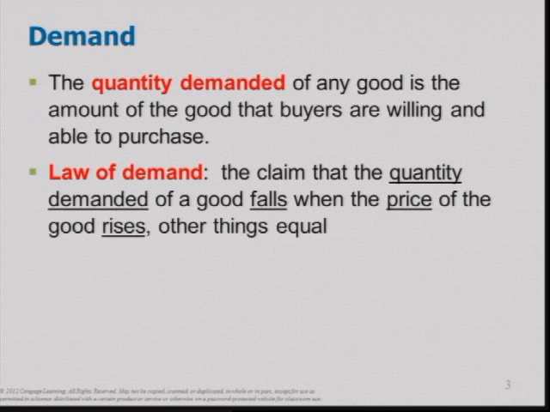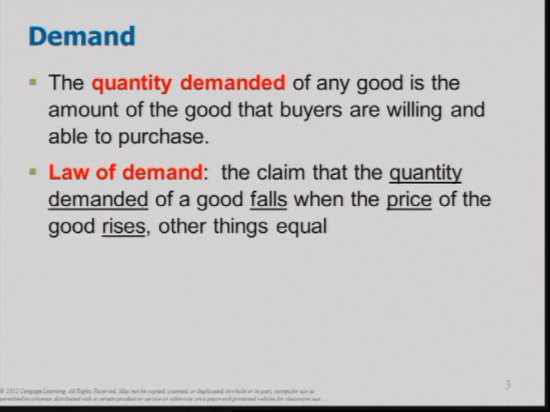Raise your hands when you fit this category. How many of you were willing and able to buy a truck at $11? Had enough money? Okay. $10.90. I see one hand. $10.80.